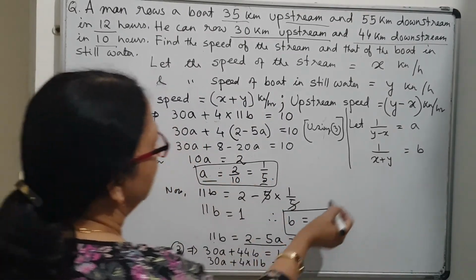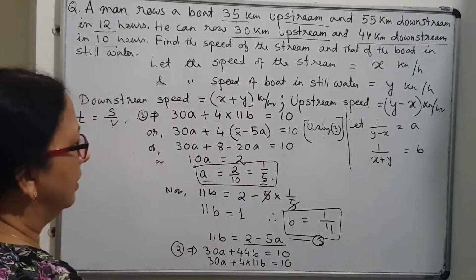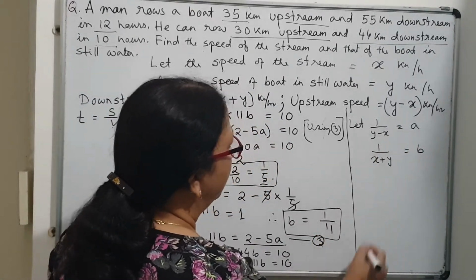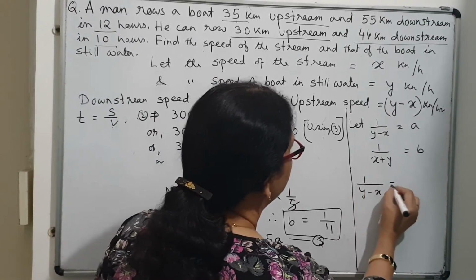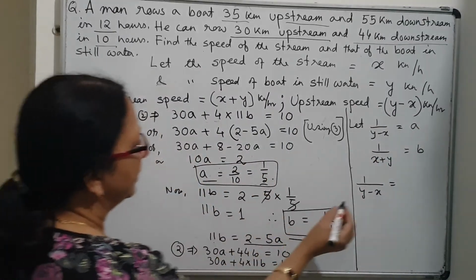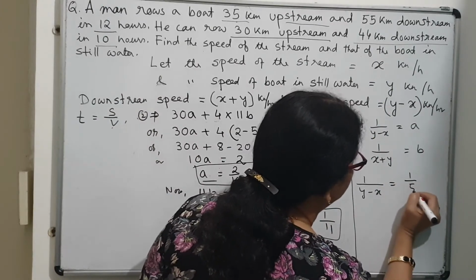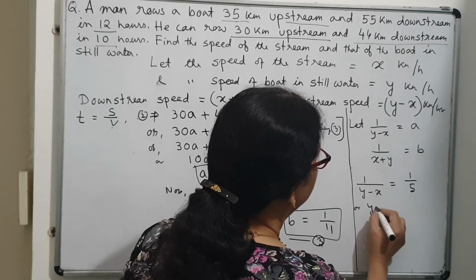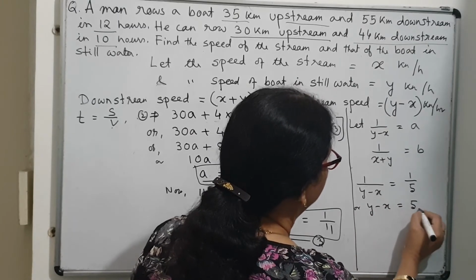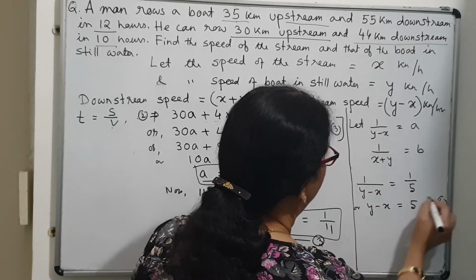These are the two values. Now these two values I will be putting here. So 1 upon y minus x is a. What is a? a is 1 by 5. Doing cross multiplication I am getting y minus x is equal to 5. So equation 4.